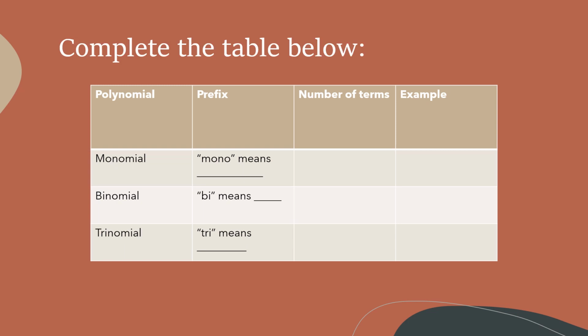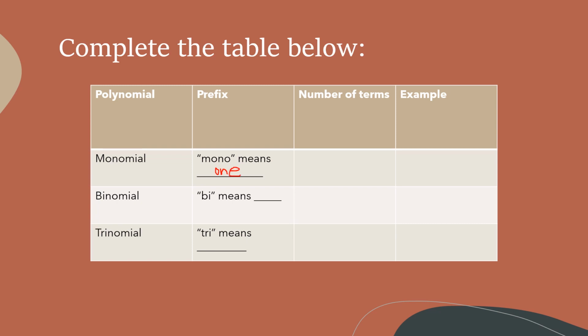So let us try to complete the table below. So kindly pause for a while answering this. And so monomial, so prefix mono, which means 1. One term.